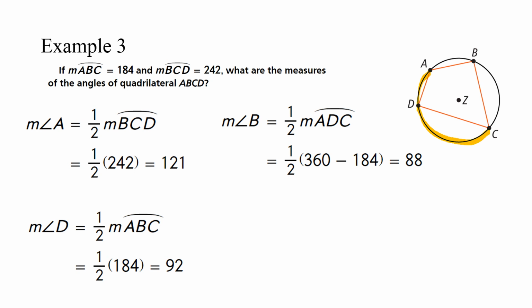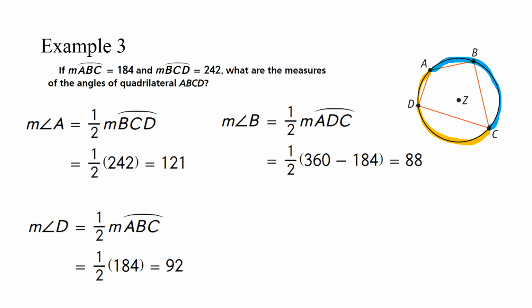And because I know from the problem that ABC, which is this arc over here, is 184, I can just take 360 minus 184 and get the orange arc, which is going to be 88 when you divide it by 2. So the measure of angle B is 88 degrees.